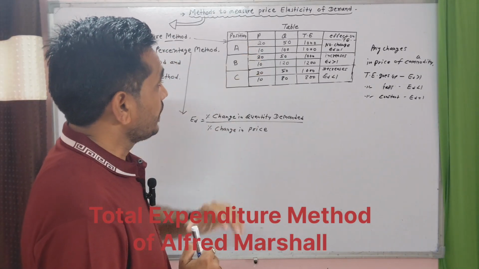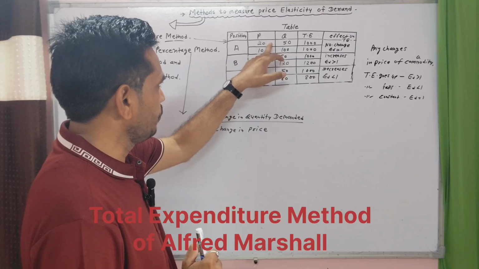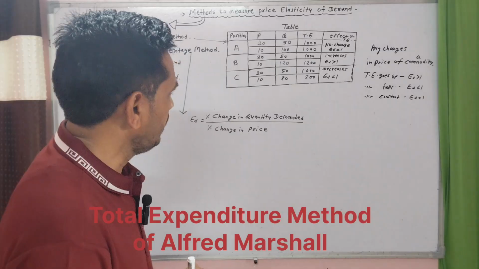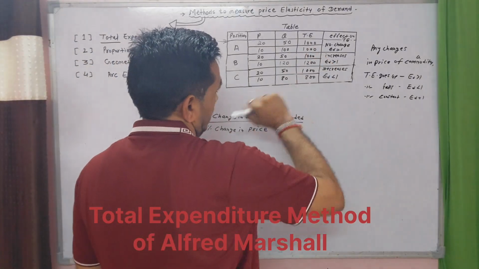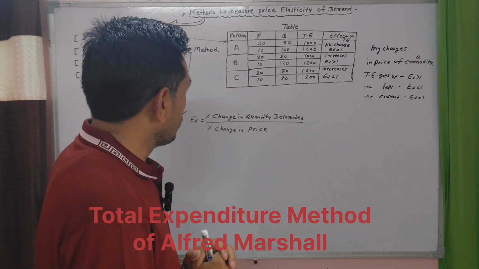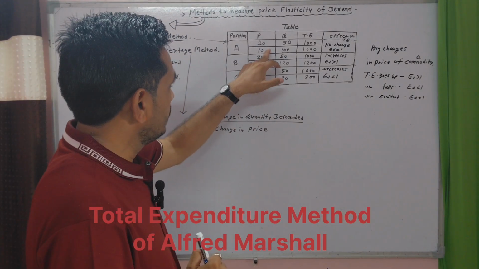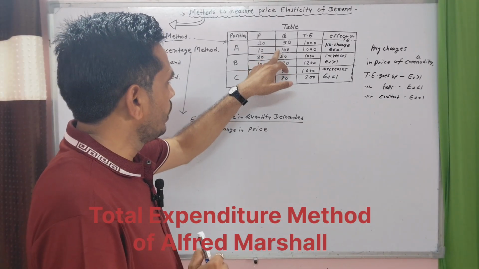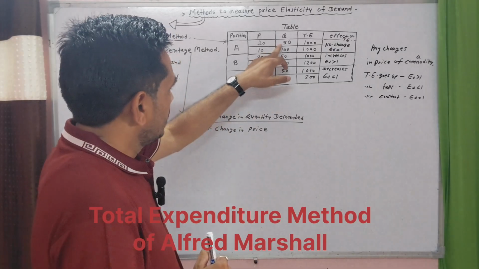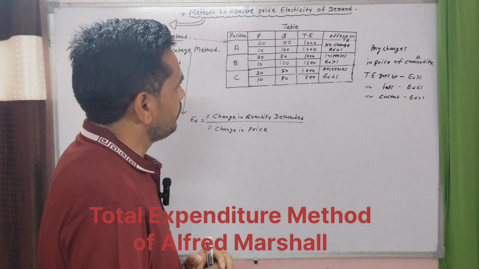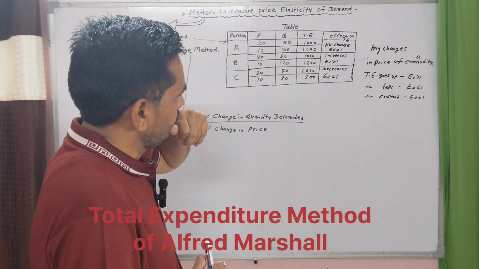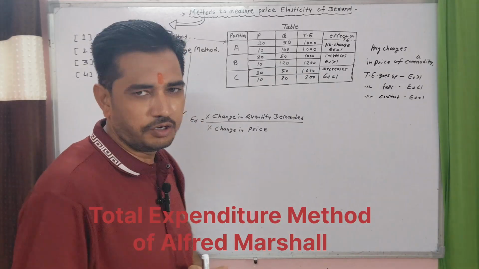If the price of a commodity is 20 rupees per unit, then quantity demanded is 50 units. So total expenditure is 1000 rupees. And when the price of the commodity decreases from 20 to 10 rupees, as per the law of demand, our quantity demanded will increase from 50 units to 100 units.